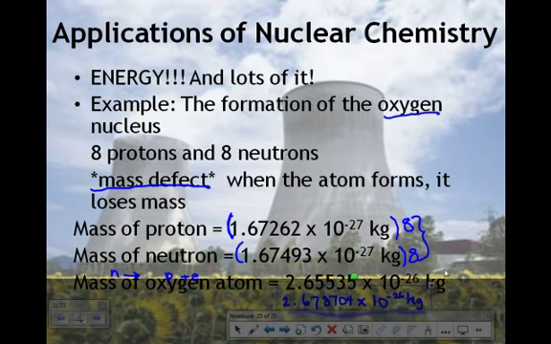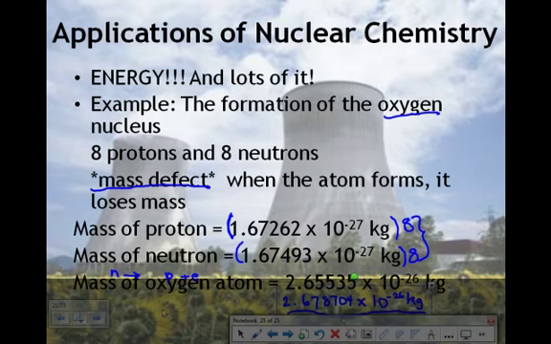So here's our mass, 2.65535 times 10 to the minus 26 kilograms. We predicted 2.678704. Somewhere along the way, we lost some of the mass, and that's what the mass defect is. And losing mass generates a lot of energy.